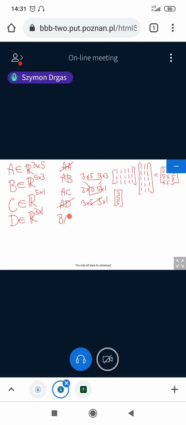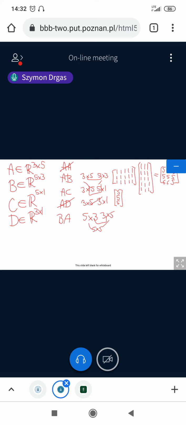Move to B times A. So in this case, we have B, so it is 5 times 3 multiplied by 3 times 5. So this operation is allowed. The resulting matrix will be 5 by 5.